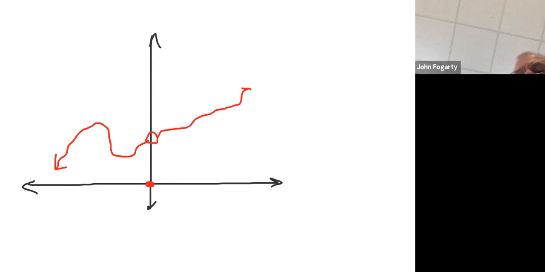I might not have a hole, I might just have an asymptote. That's what it means when we say x cannot be these values. Because if x was these values, I would either have a hole or I would have an asymptote.